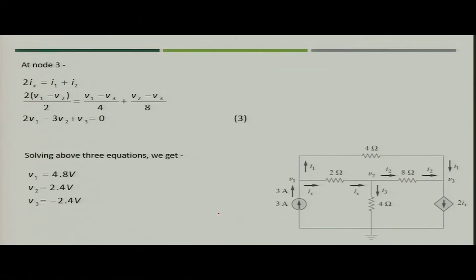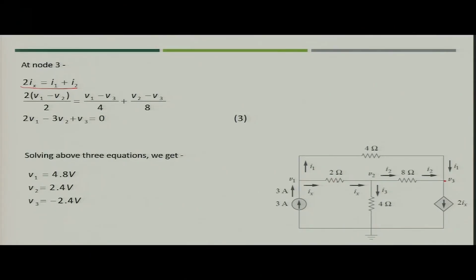Similarly, for node 3, if you write, since the dependent source is in downward direction, you can write that this is going out, and these two are going into the node. So, you can write 2 Ix is equal to I1 plus I2, right. Now, what is the value of Ix? Ix you have calculated as V1 minus V2 by 2.